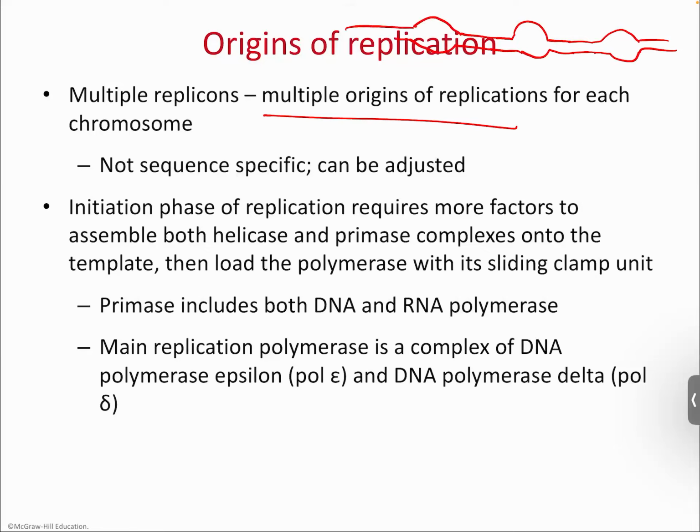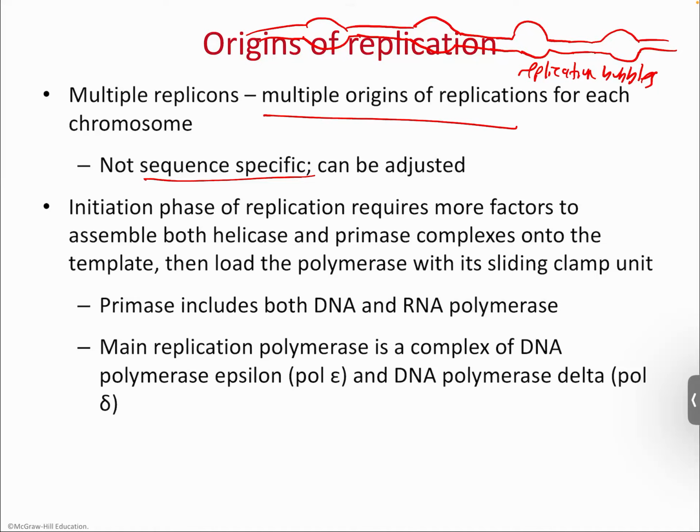Why would you just use one? Why don't you just get it done faster and do a bunch of these, right? See, these are replication bubbles. Not only that, but unlike bacteria, which had a very specific origin of replication, a sequence specific version of it, we don't. So we don't have sequence specificity. So these origins of replication can float around. We just do a lot of them, right?